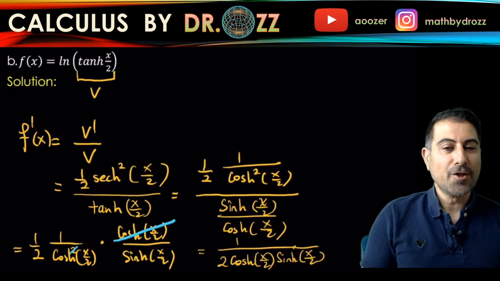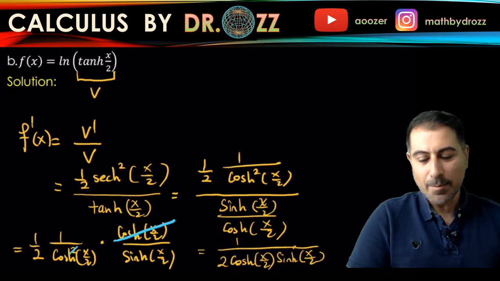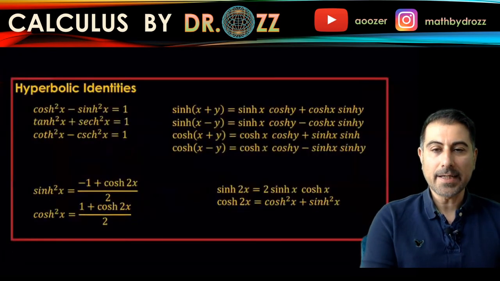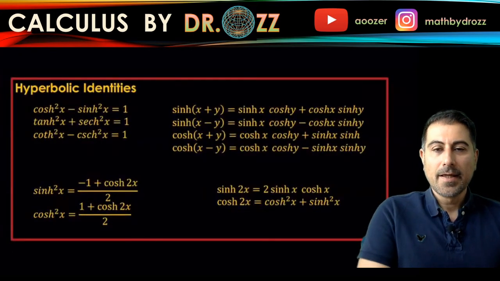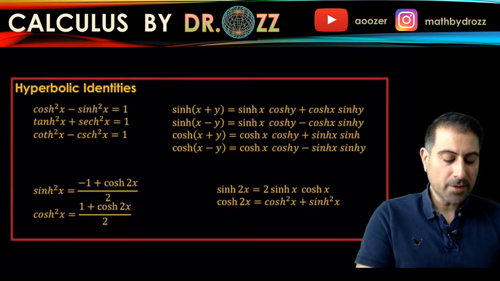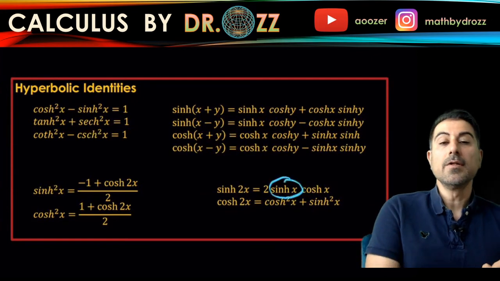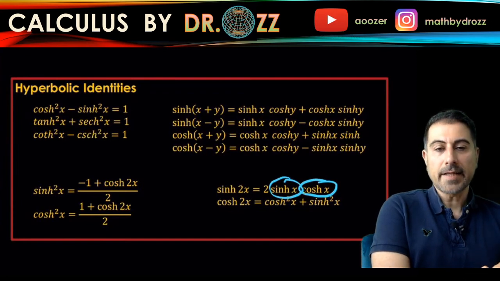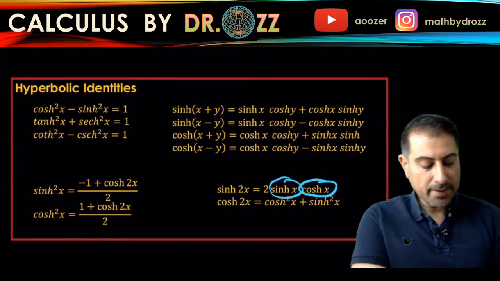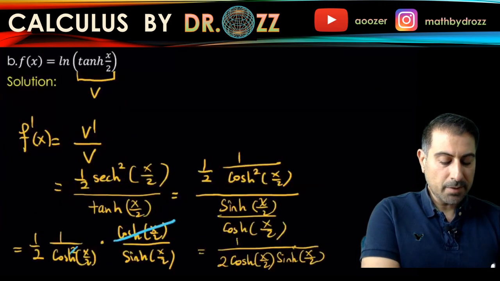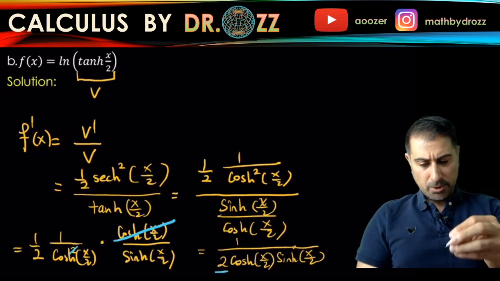And just for the sake of practicing the double angle formulas, please check those hyperbolic identities table. As you see, if you have the product of sine hyperbolic x and cosine hyperbolic x together with 2, that's the double angle formula for hyperbolic sine. So this can be rewritten as sine hyperbolic 2x. I'm going to practice this here. I have 2 here, cosine hyperbolic x over 2, sine hyperbolic x over 2.